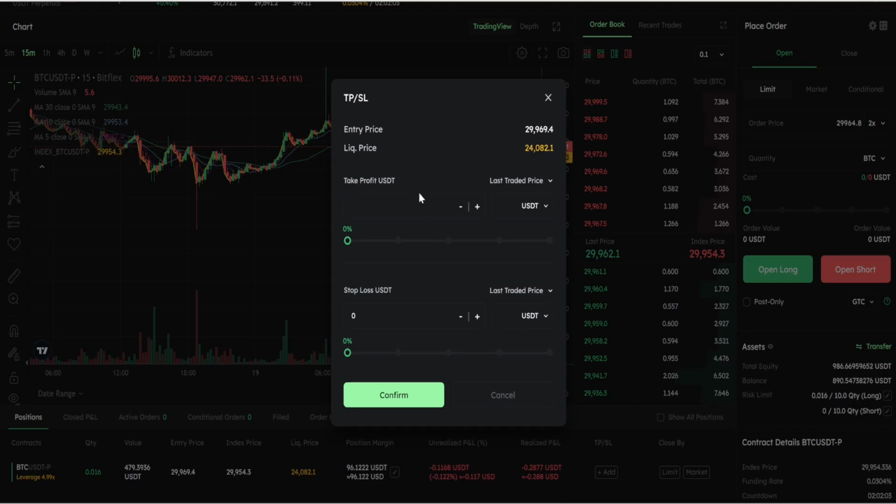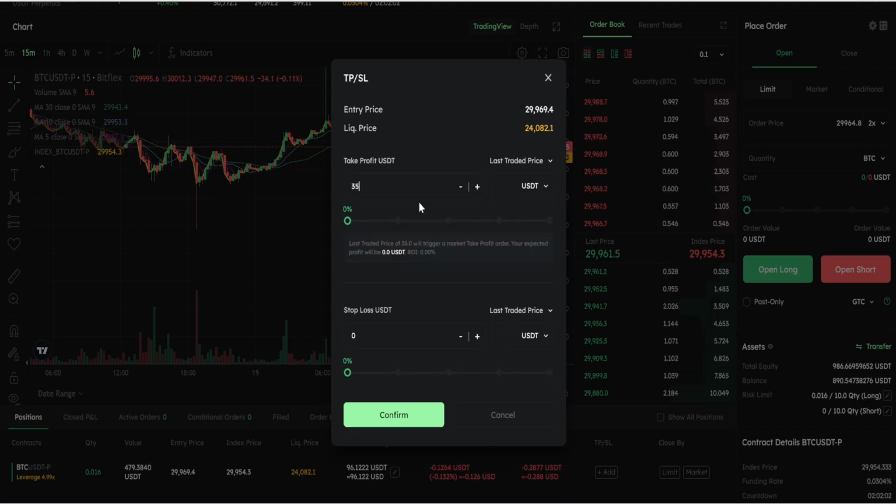Now when you are looking down here, you obviously want to choose your stop loss and take profit. So when you're taking your take profit, you obviously want to have a price where you expect the market to come to. So let's say that I expect the market to come to 35,799. That means that is 93.274 USDT. And you can also see that is 19.45%.